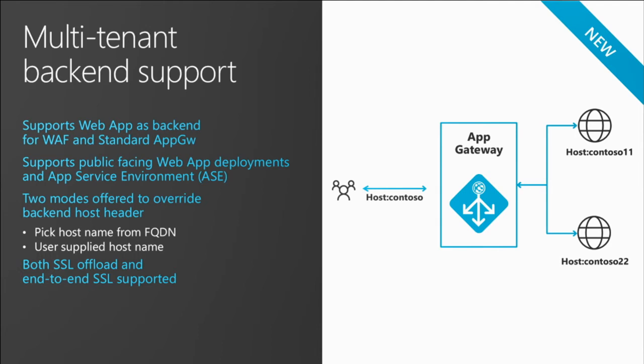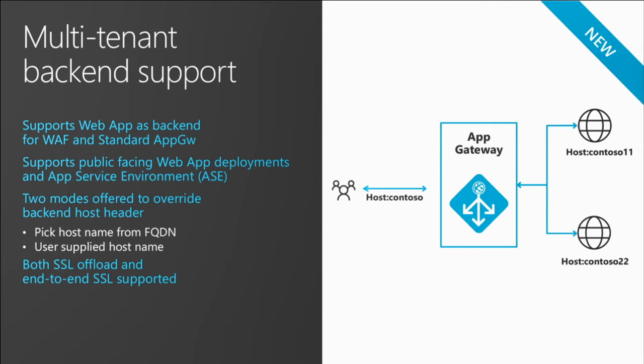So if in the round robin it's the turn of contoso11, it will rewrite the header to contoso11. And if it's the turn of contoso22, then it will rewrite the header to contoso22. So you can have multiple websites in the same backend pool, and it will rewrite the host headers appropriately. Or you can just send all traffic to all members of the backend pool using a single host header. That's completely up to your configuration.